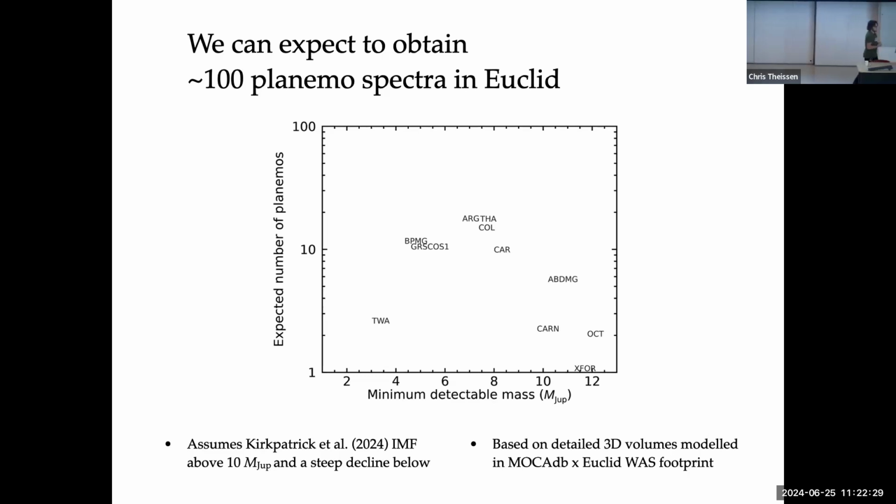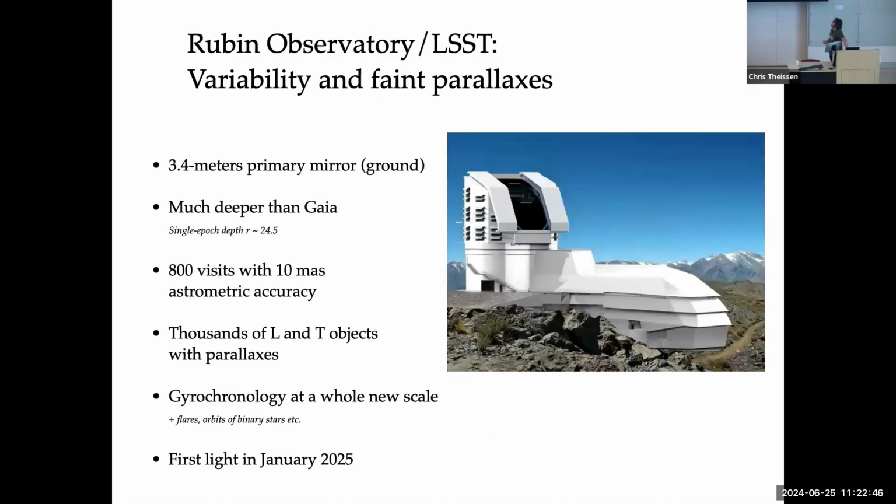This will be really interesting, and we will no longer be in a situation where we only have a handful of them to do studies of how their clouds evolve with age, for example. Now it's going to be a new era for planemos, where it's going to be population characterization.